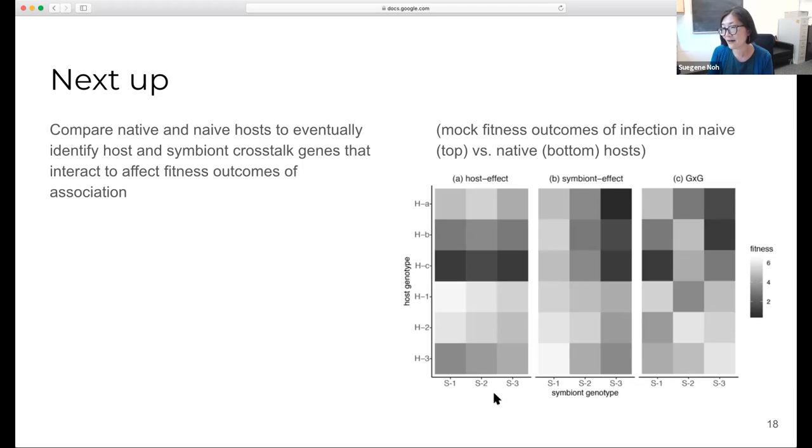My hypothesis is that when we have native hosts to compare their fitnesses and symbiont transmission patterns in similar experiments, if the native hosts in fact are the more tolerant hosts, for example, their fitness consequences should be much more minor compared to the naive hosts that we were looking at.